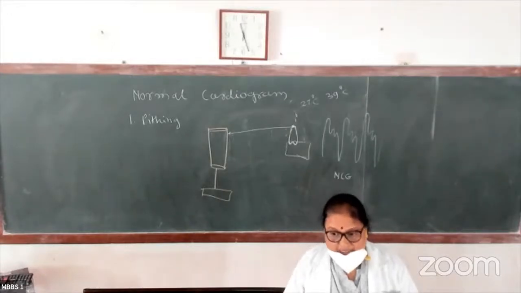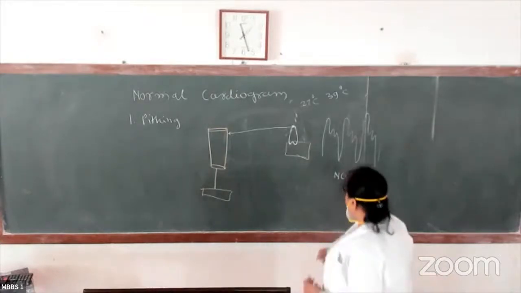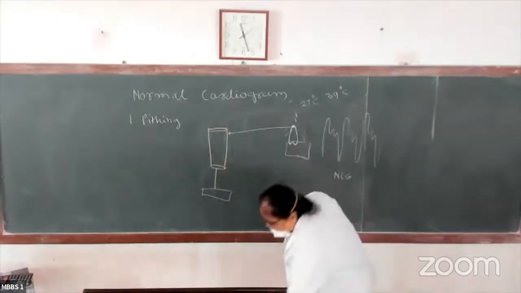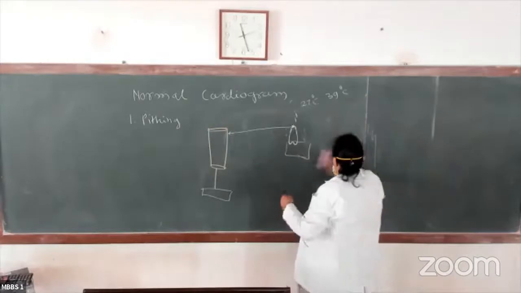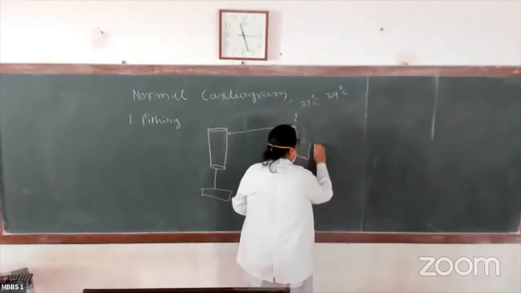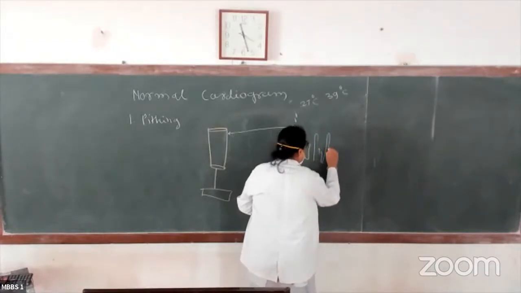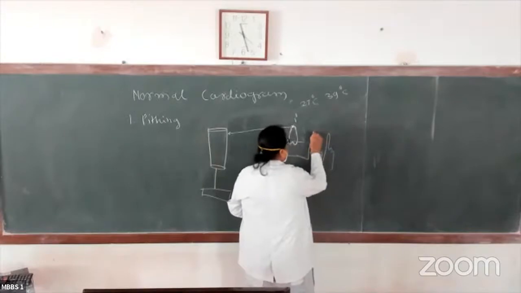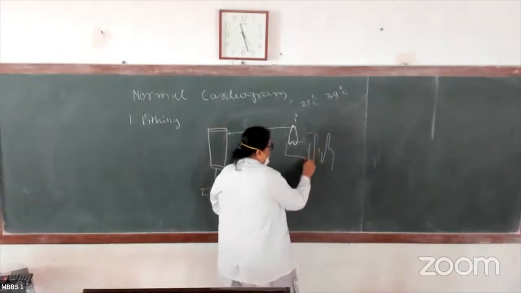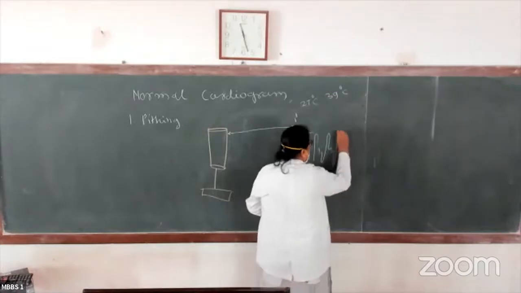Why will the force of contraction be increased? Suppose this is the normal force of contraction. I have to draw all three graphs here. So suppose this is normal. This is the height of contraction. What happens after adding a warm ringer solution?